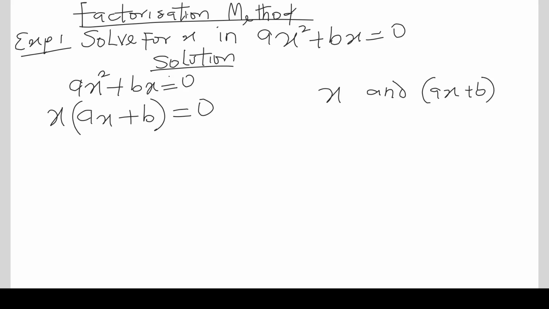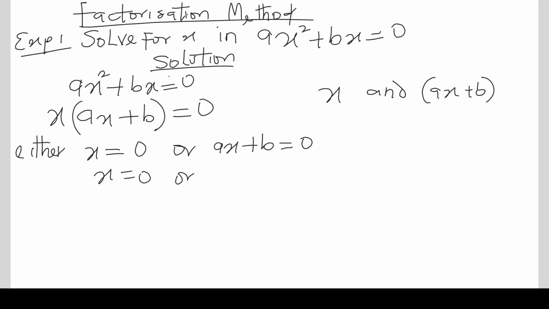So all we need to do is say either the first factor, x equal to 0, or we pick the second factor, ax plus b equal to 0. So we already know that x is equal to 0.